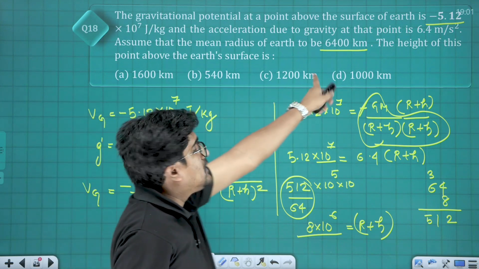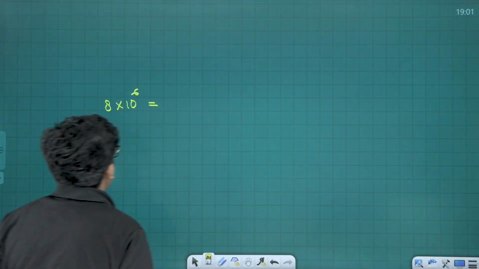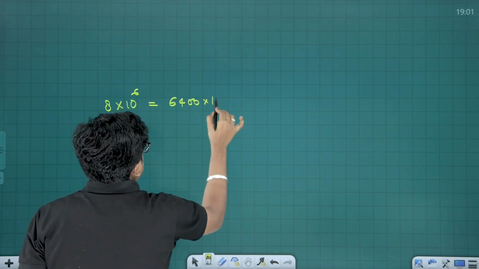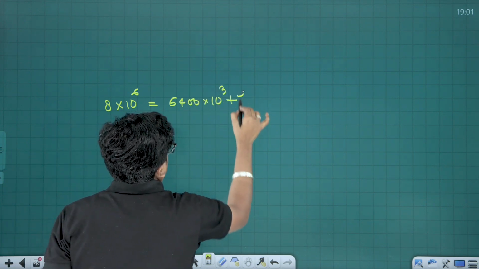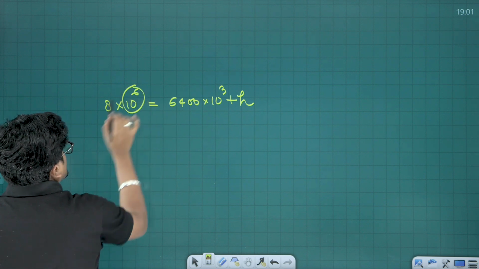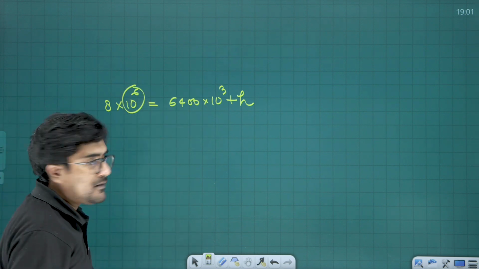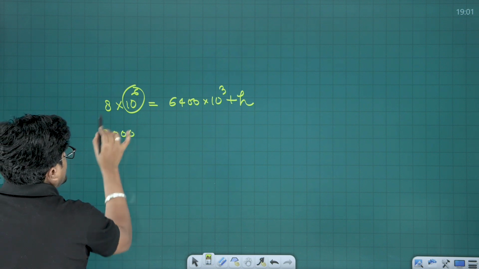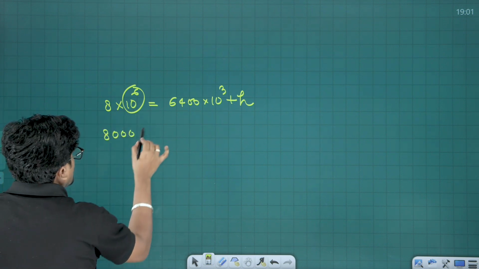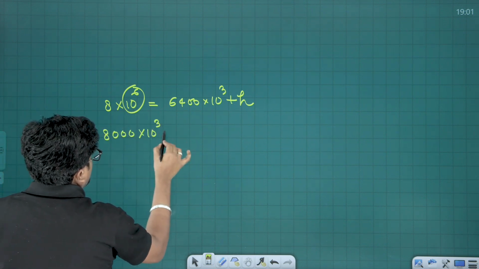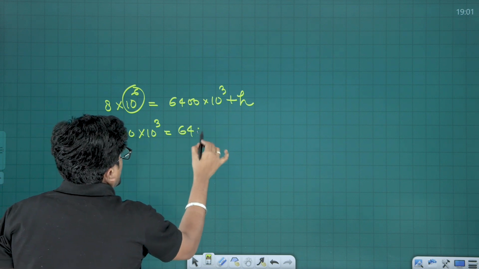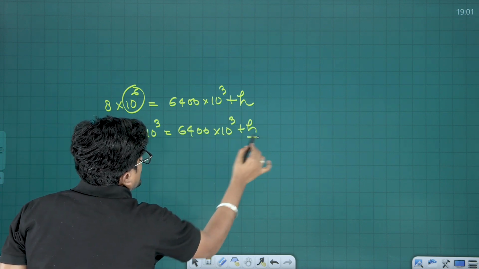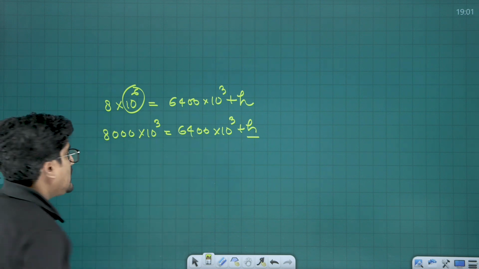R is 6400 kilometers, that means 6400 into 10 to power 3, plus H. Now I want to write this in the same format, so 8000 into 10 to power 3 is equal to 6400 into 10 to power 3 plus H. Now it's easy to calculate.